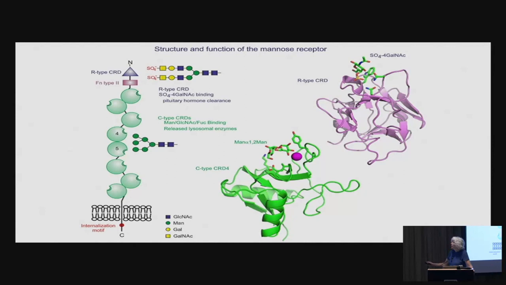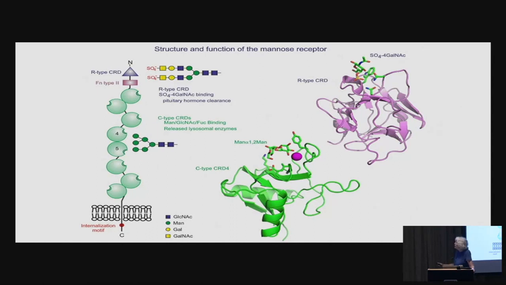It also has an R-type CRD at the end, and this binds 4-sulfated GalNAc, which is a particular modification which gets put onto pituitary hormones. So this receptor is also responsible for regulating levels of hormones such as lutropin, which controls ovulation, or thyrotropin, which controls activity of the thyroid.